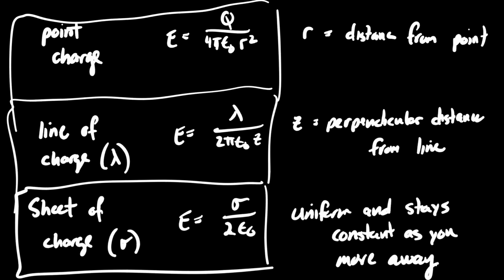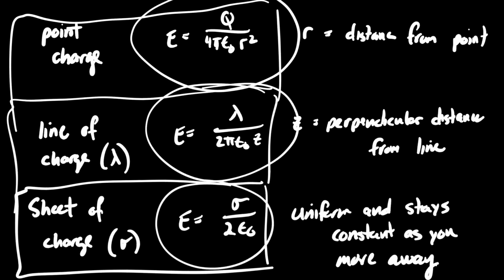It would be very valuable to commit these to memory. If you can, it shows up enough in multiple choice situations that if you have those committed to memory, you will do better than your friends. So I strongly encourage it.